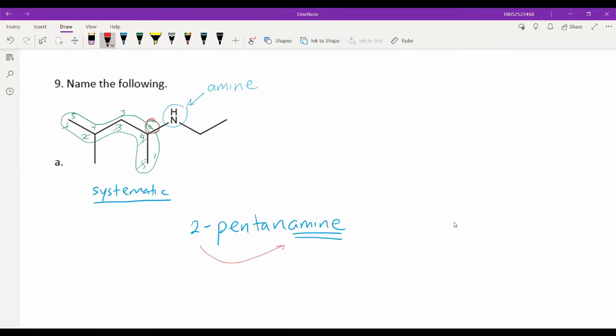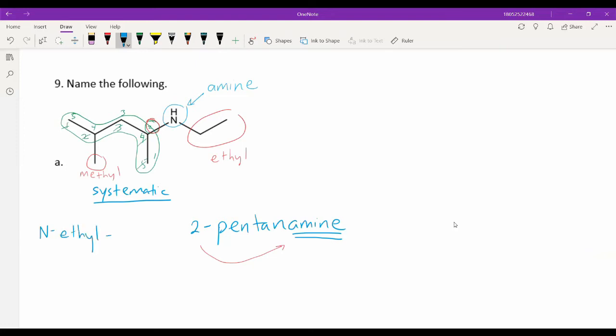Okay, so then everything else that's not essentially circled right now has to be named as a substituent. So we have a methyl. We also have an ethyl. Remember when we name them, the ethyl goes first, it's alphabetical. The one thing that's different though here is that you can have substituents off of the nitrogen, in which case there's no number for that. So what we use is just an N to denote coming off of the nitrogen.